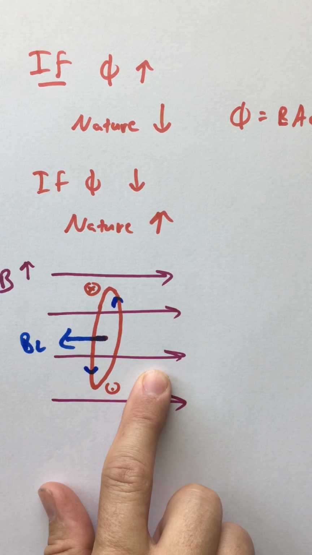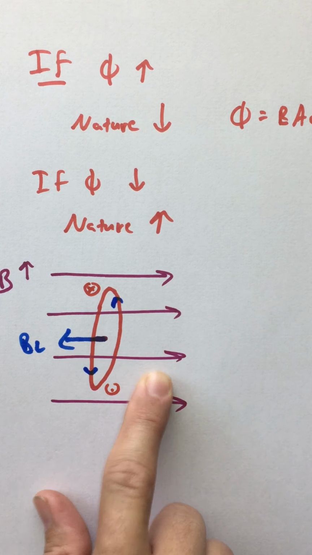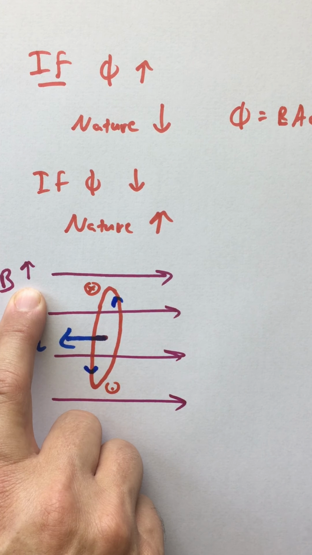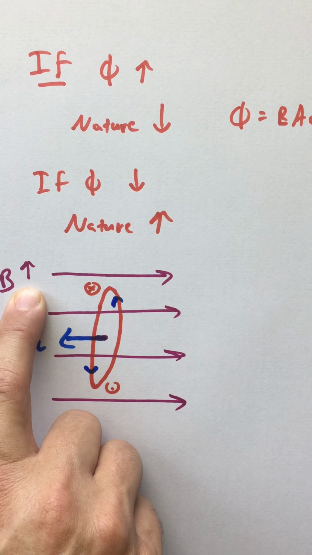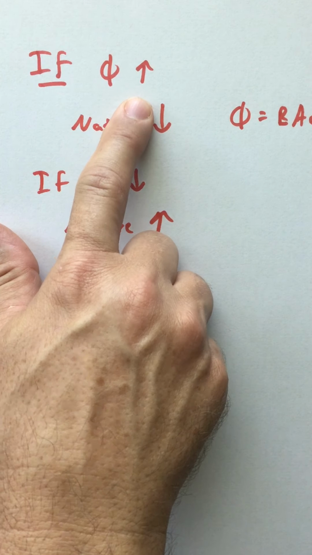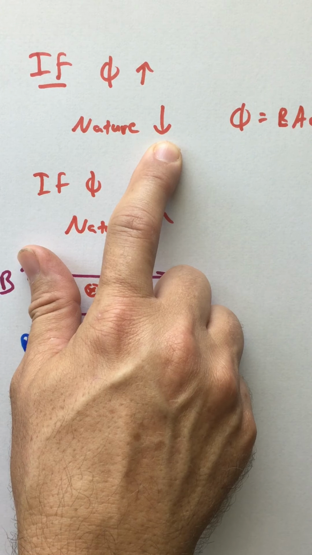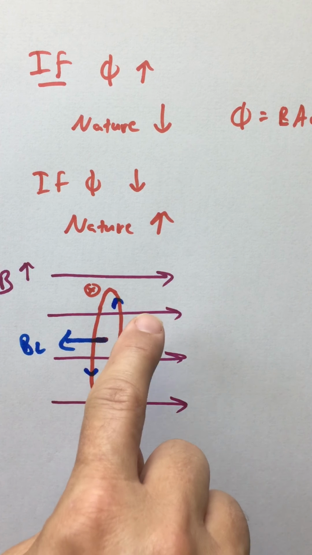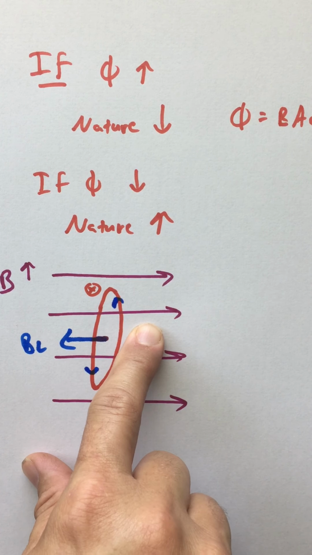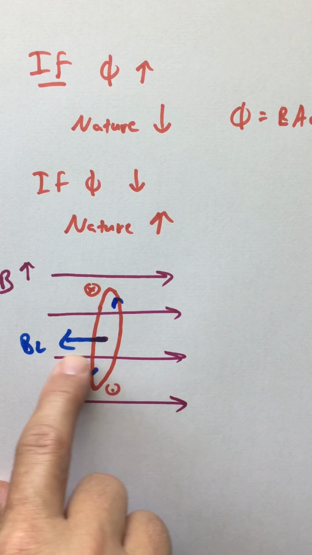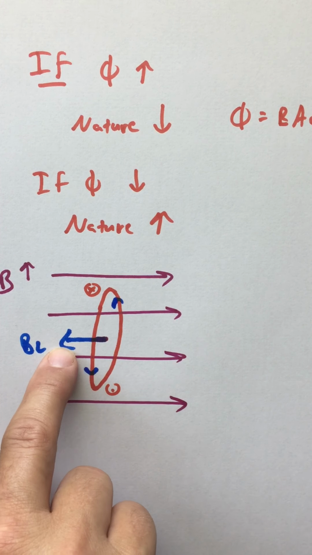So let me go through those steps again. I figure out if the flux is increasing or decreasing. I told you it was increasing. Then I ask myself, what does nature want to do? Well, if the flux is increasing, nature wants to decrease it. How do I decrease the flux from this field? I've got to induce an oppositely directed field. That looks like this.